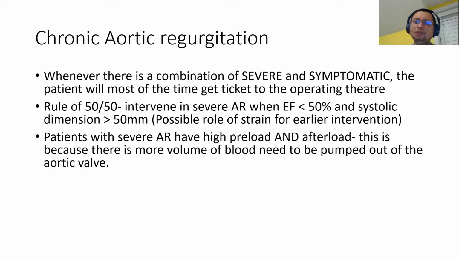This is opposed to mitral regurgitation, where you have preload reserve and afterload mismatch. In chronic mitral regurgitation, you do not want to operate late, because once you operate when the EF is less than 60%, the EF might not recover.